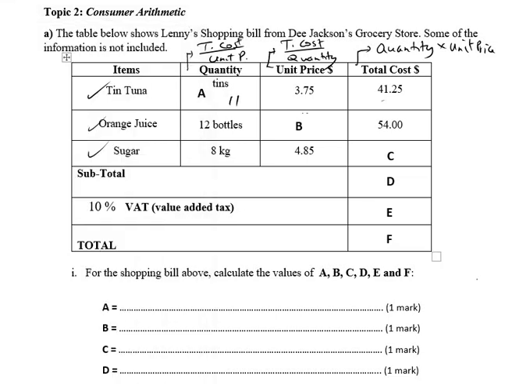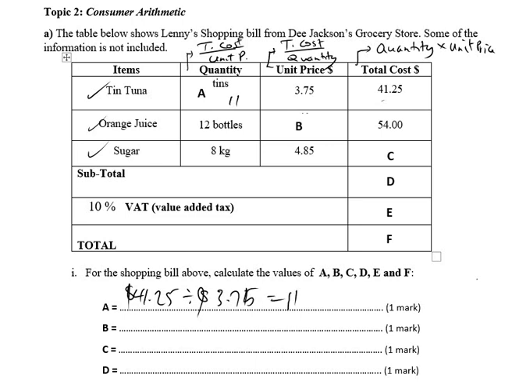So 11 should be here where A is. So it's good to just put it here as well. All right, so $41.25 divided by $3.75 is equal to 11.